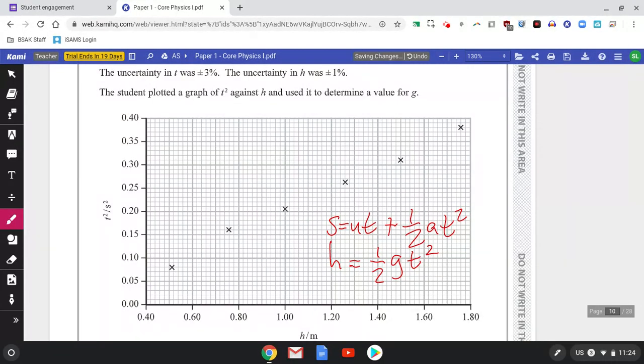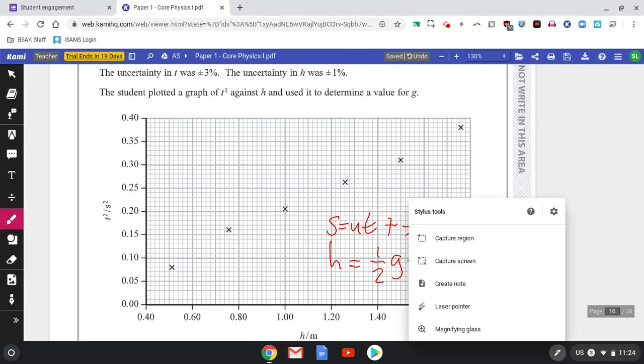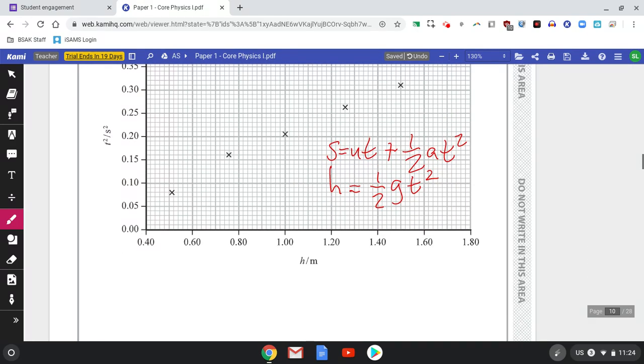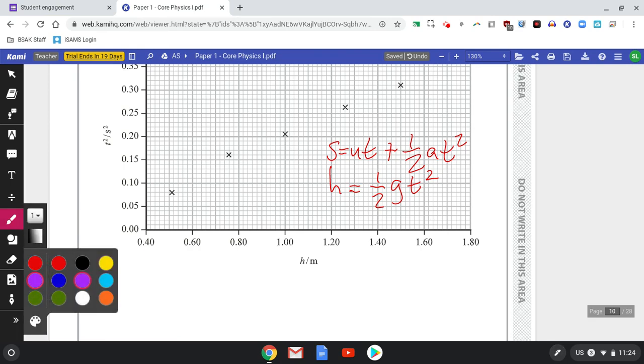Now, what have we got on the y and x axis? We've got t squared on the y and h on the x. So we need to rearrange this to make t squared the subject. So t squared equals 2 over g times h, isn't it?